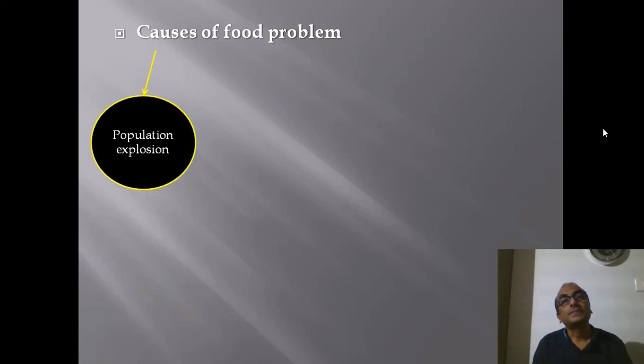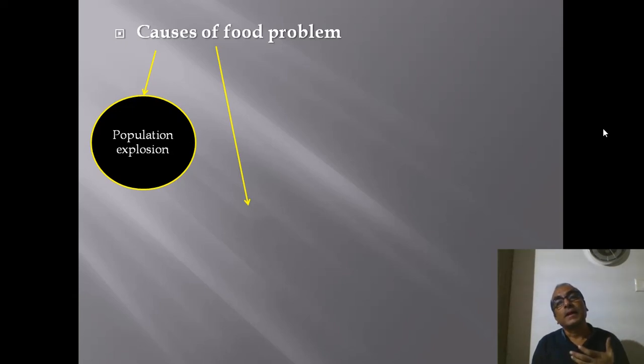First one, population explosion. The human population all over the world was also increasing during the 1960s and 70s. So overpopulation, or population explosion, as we call it, was one cause.